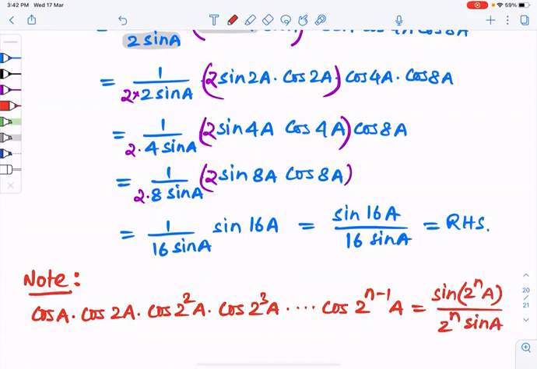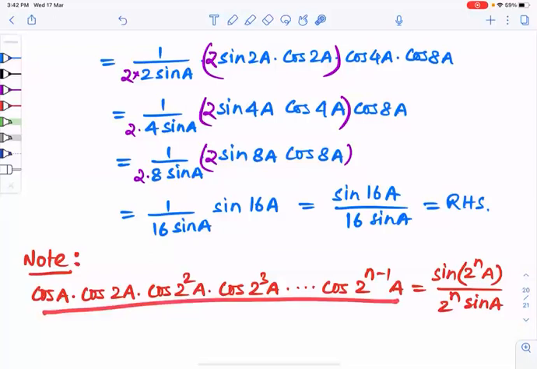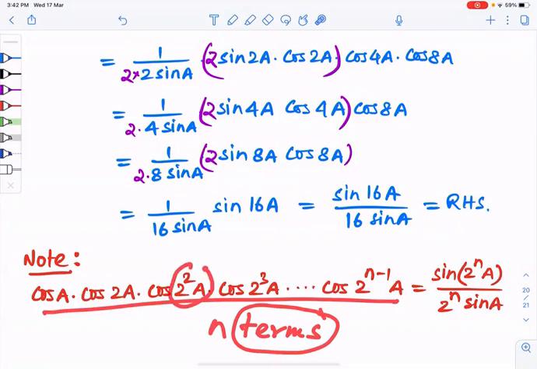You can solve such questions in the way that I have shown. What is the pattern? How many terms are there? Total n terms are there. Every time the angle is 2 times the previous angle. All the angles are 2 times the previous angle.